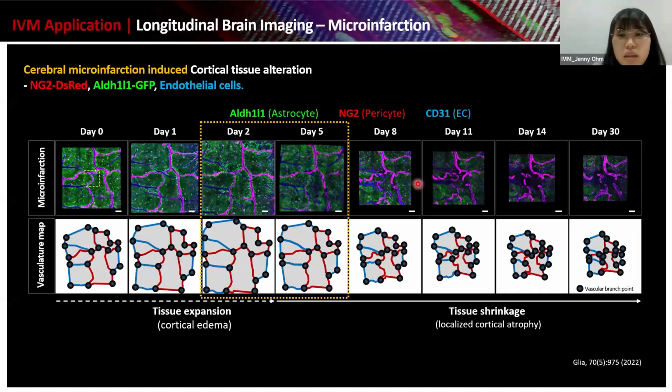However, by day 8, the imaging data revealed that the brain had contracted even more compared to day 0 here, as you can see on the left. So as you can see, the results highlighted with the yellow dotted box from day 2 to day 5, the swollen brain tissue gradually recovered over time, starting from day 8 all the way to day 30.